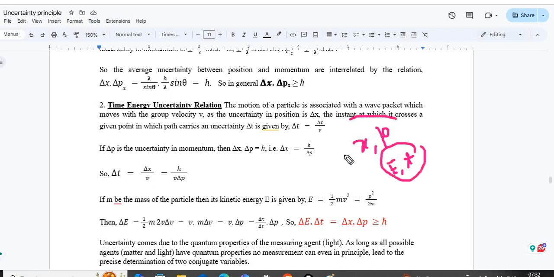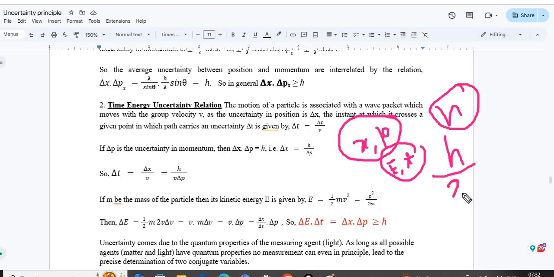In both cases the values must depend on Planck's constant, or in a more generalized form, h divided by 2 pi. You cannot break this barrier, it's a physical restriction, it's a natural restriction of the system.